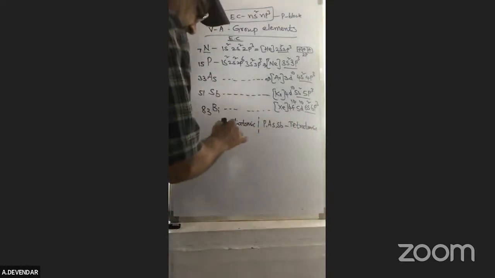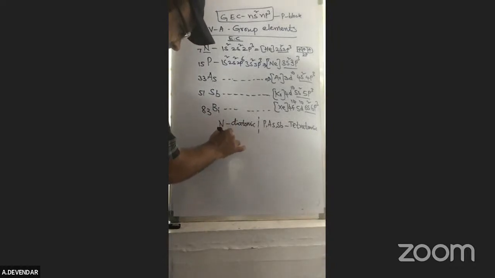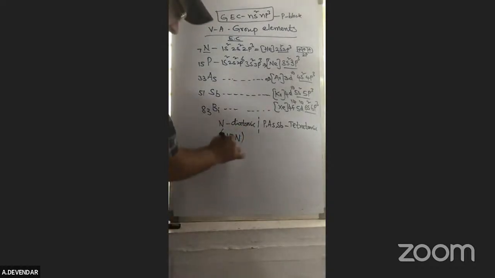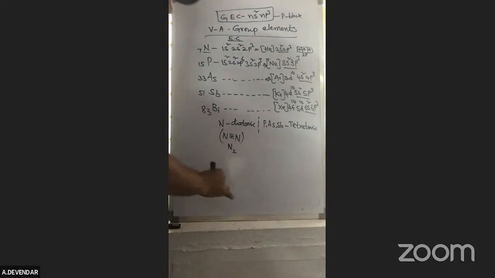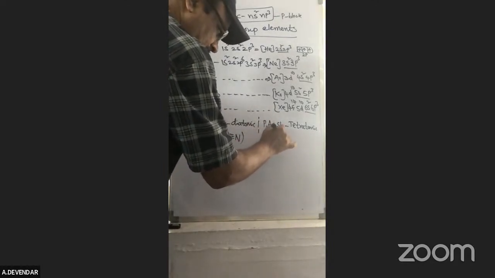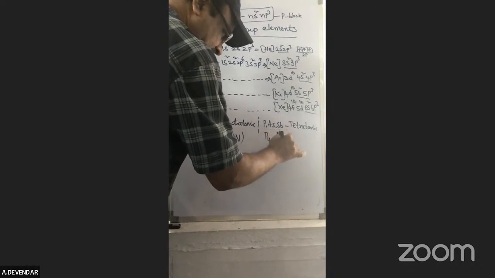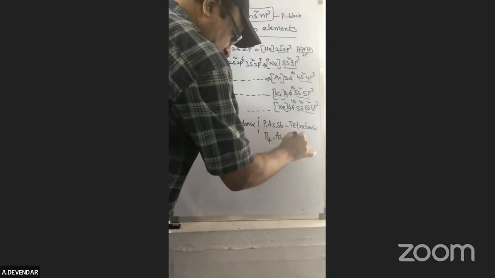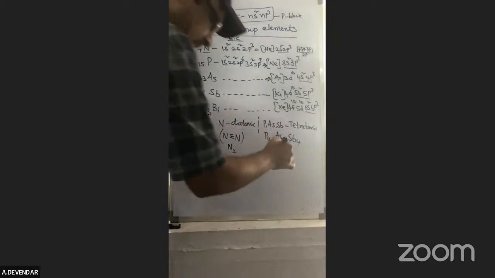Nitrogen is diatomic, meaning it consists of a triple bond between nitrogen and nitrogen, so you write the nitrogen molecule as N2. But here you write the molecules as phosphorus P4, arsenic As4, antimony. How will the structure be?